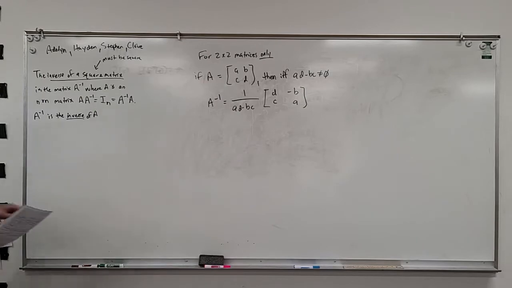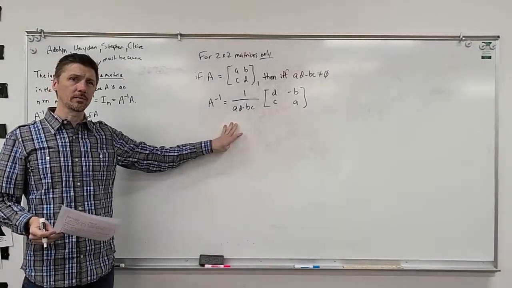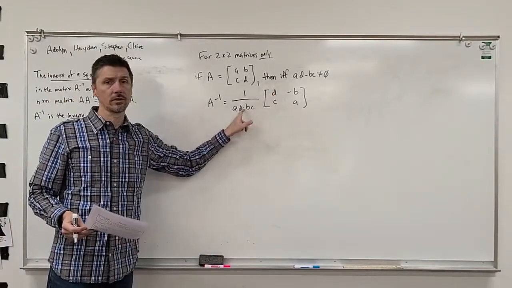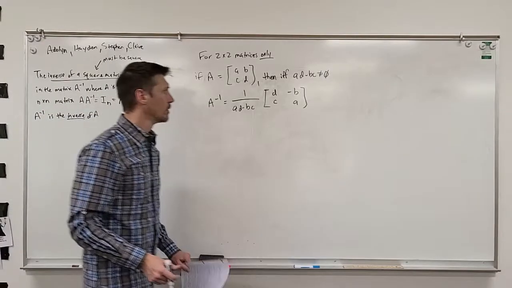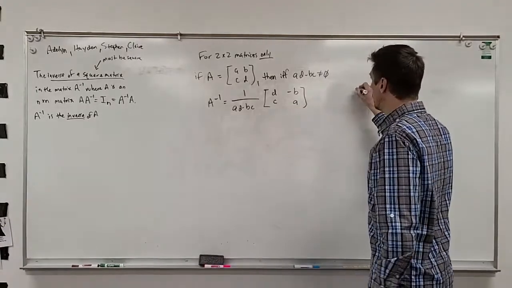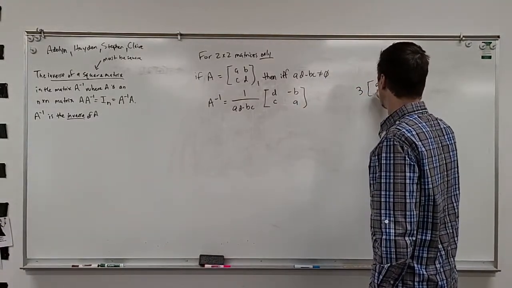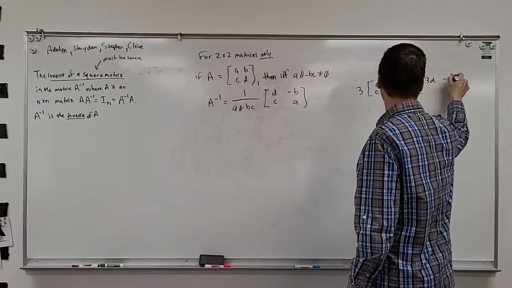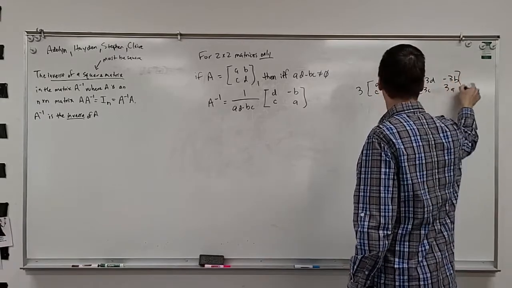And remember, this is just a constant. When you multiply a matrix by a constant, you just multiply all of the terms in here by this constant, right? If we had 3 times this, then the resulting matrix would just be 3D, minus 3B, minus 3C, 3A.